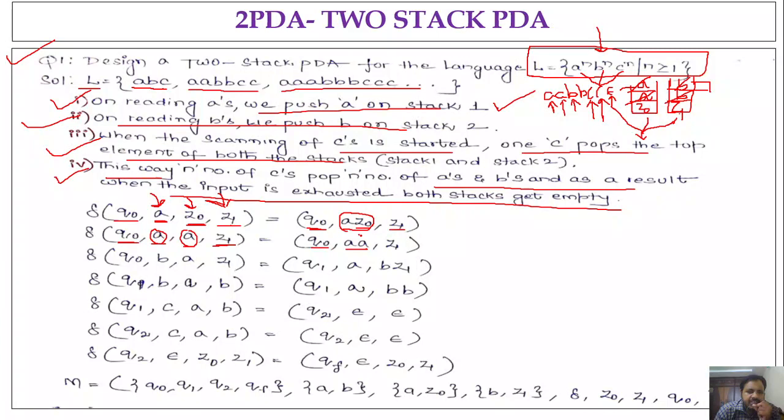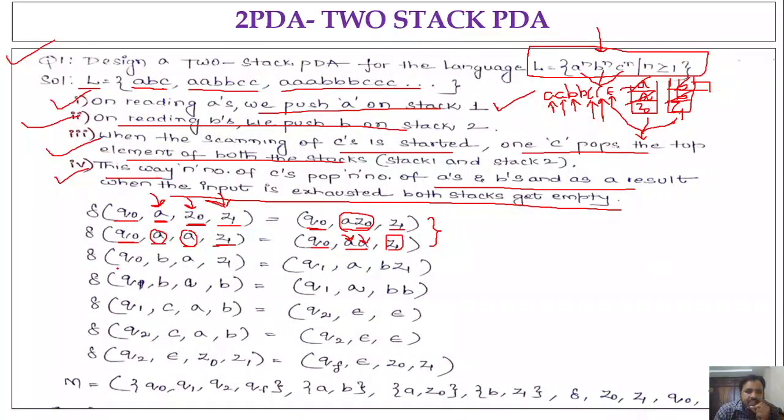Because this A is nothing but top of the stack that we have taken out, and next one is this A is nothing but the input, right? And then Z1 we will push it onto the stack 2 as it is, right? Next one. So these are the 2 steps that represent the pushing of symbol A onto the stack 1.